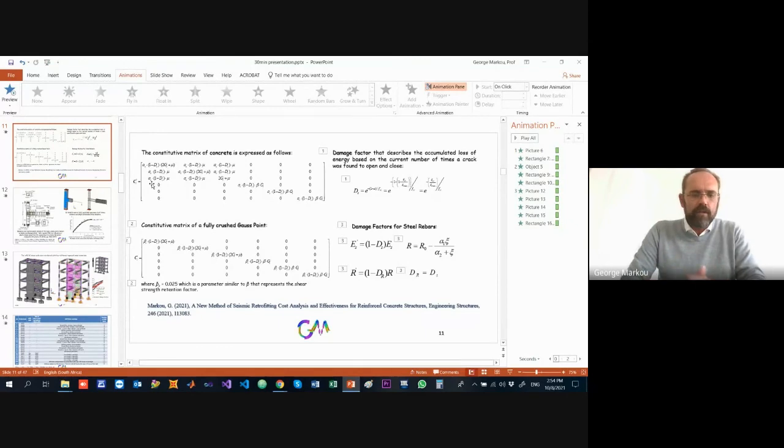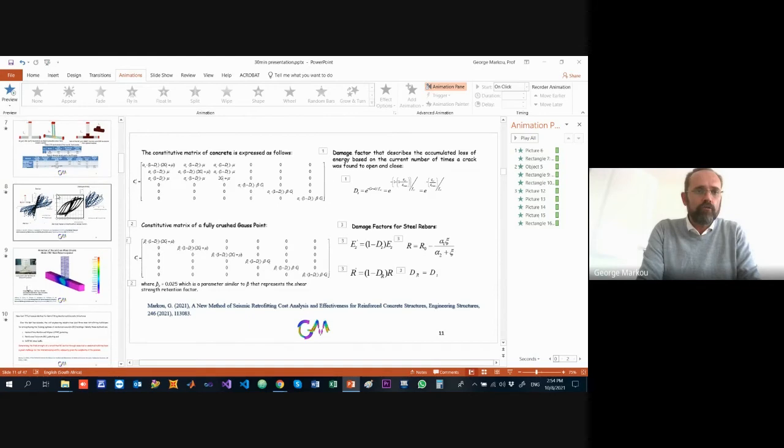And we found out that this damage factor, which is directly connected to the number of opening and closing of cracks of the concrete material that surrounds the embedded rebar, gives us the ability to capture realistically the overall mechanical response, and of course, phenomena like pinching, which were shown here.